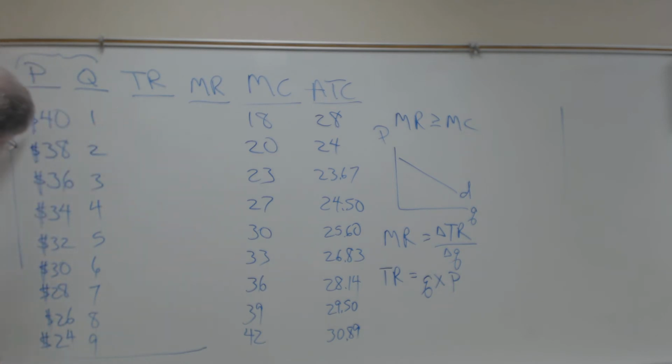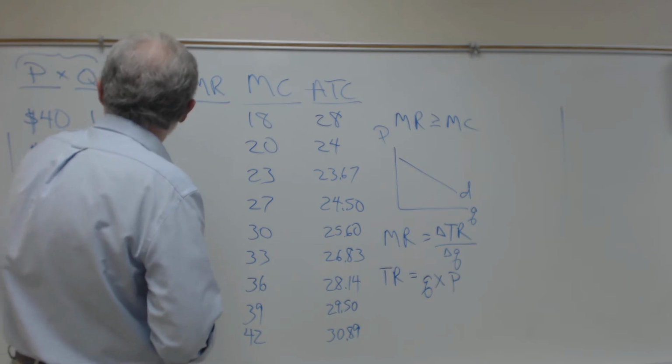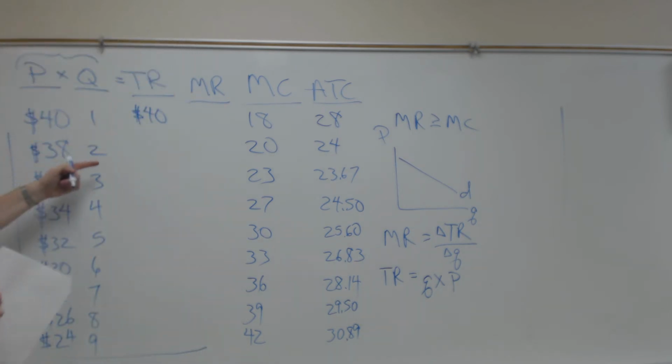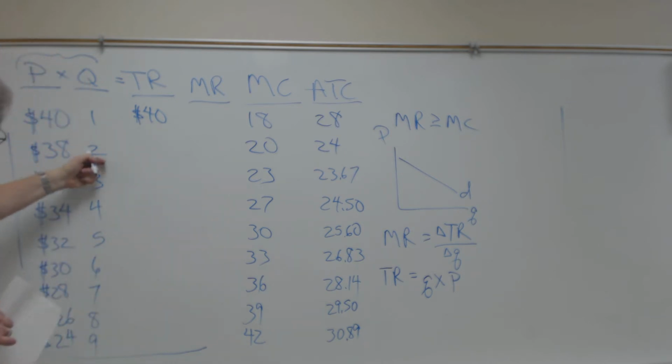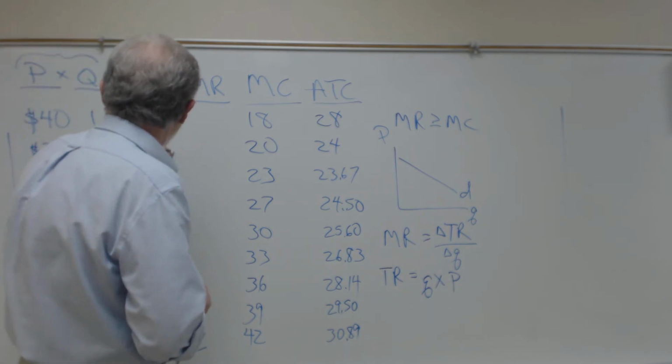If they charge a price of $40, they're going to sell one, and their total revenue is going to be $40. If they decide they want to sell more, they're going to have to cut their price. If they want to sell two, they have to cut the price to 38. 38 times 2 is 76.